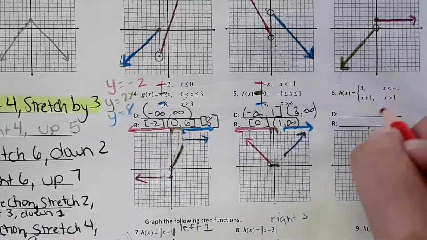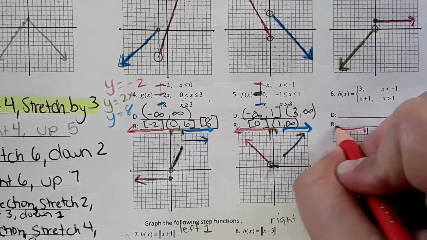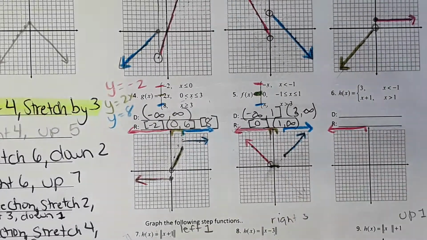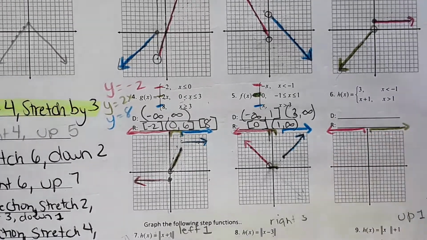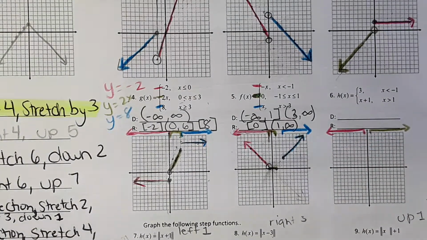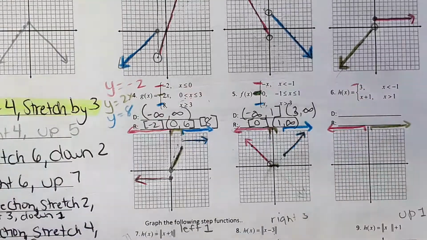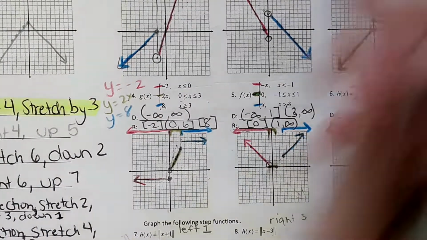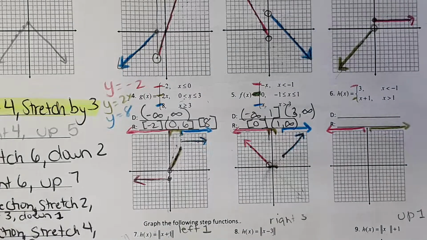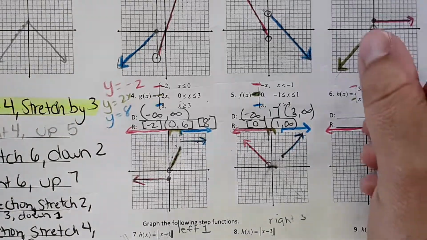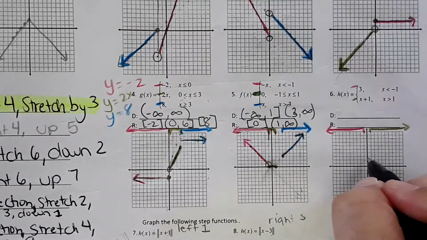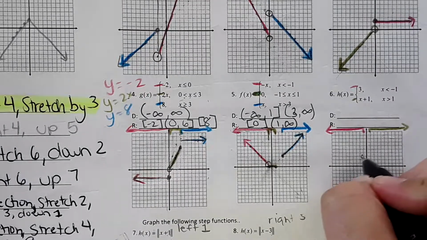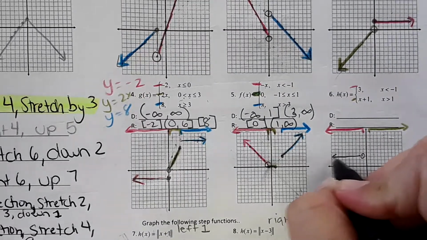Then x is less than -1. You can do it. X is greater than 1 this way. This is red. This is green. Don't pack up. You'll be okay. Y equals 3. I get open dot, go this way.